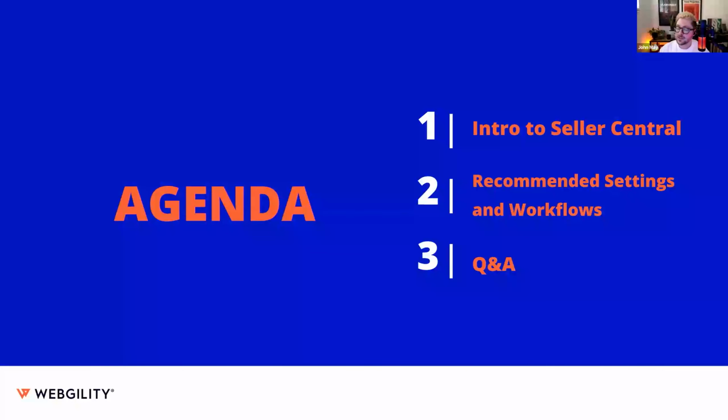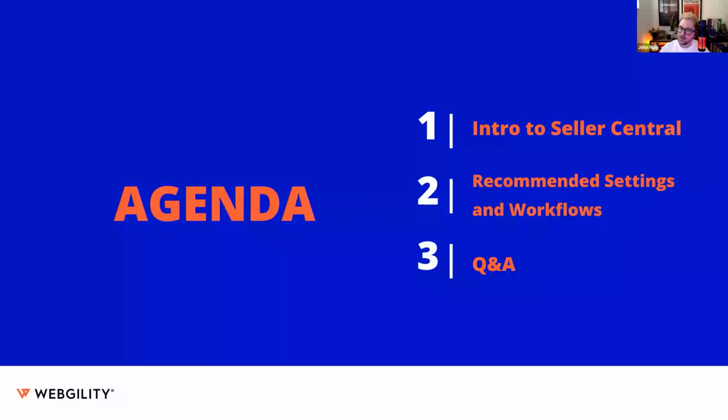So to dive right in, I wanted to contextualize the conversation around Amazon. I see a couple of repeat names here in the attendance list. The last customer webinar we had, we talked through Amazon settlement reports specifically, and how Webgility enables the settlement report process so that you don't have to do things manually.